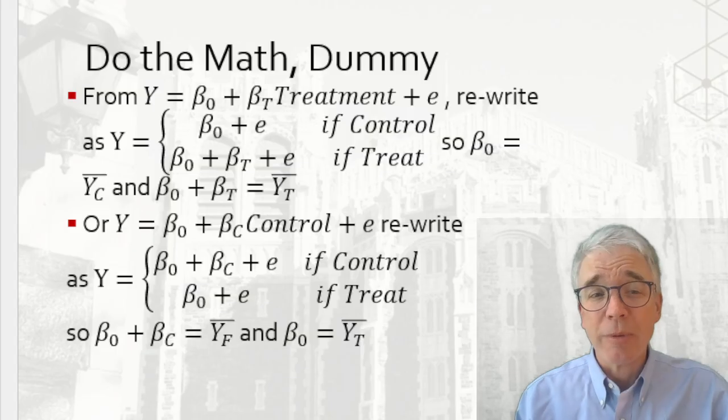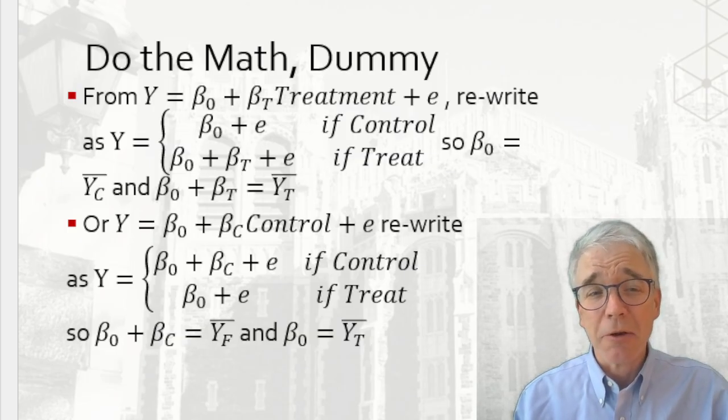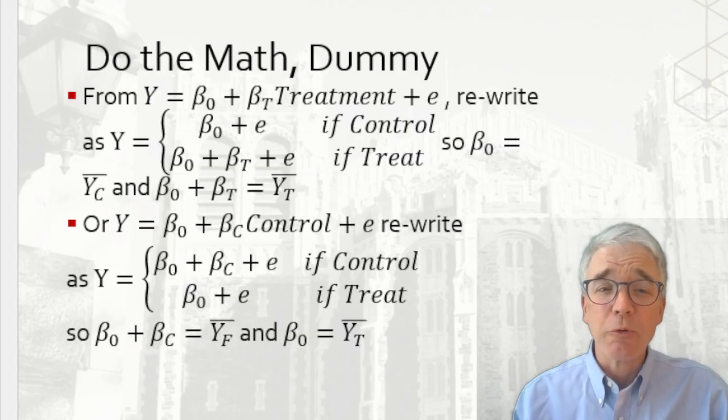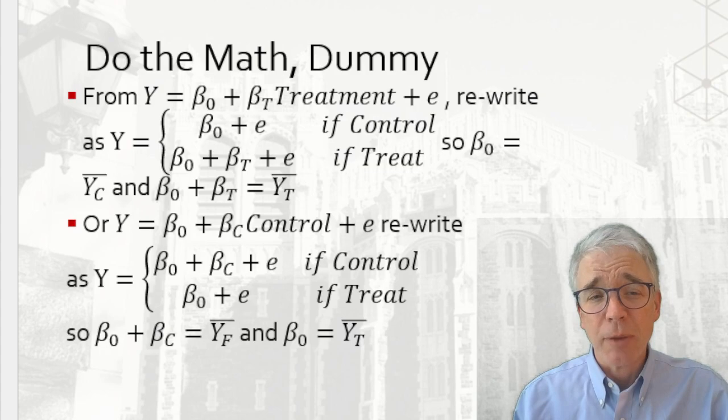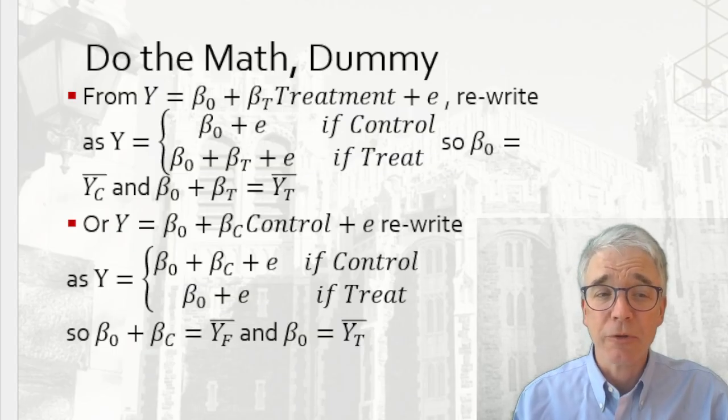Alternately, with the dummy for if the person's in control, we would write that in two rows: y equals beta naught plus beta c plus error for the control group, or y equals beta naught plus the error for the treatment group. Either way, the dummy coefficient estimates the difference in means between the groups.